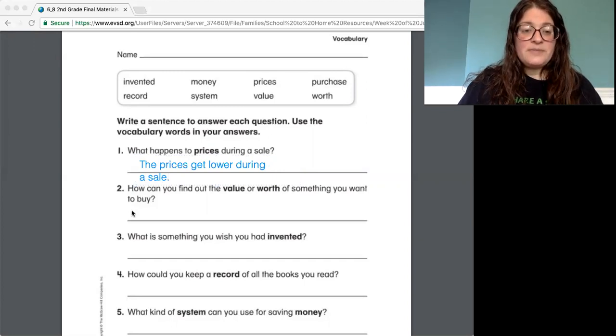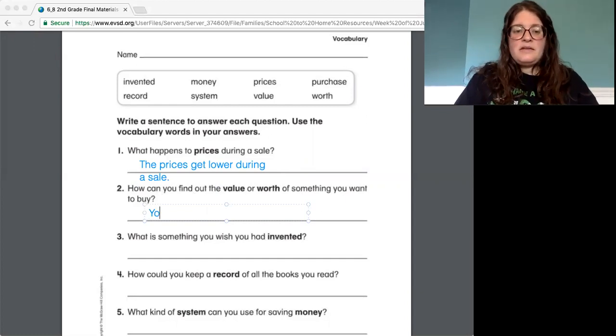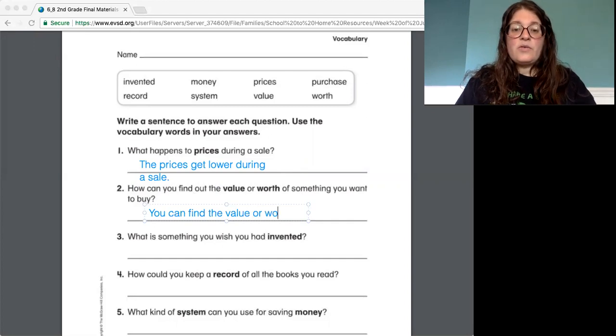Let's try another one. How can you find the value or worth of something you want to buy? You can find the value or worth of something you want to buy. Notice how I used almost all of the same words in the stem of the question in my answer.